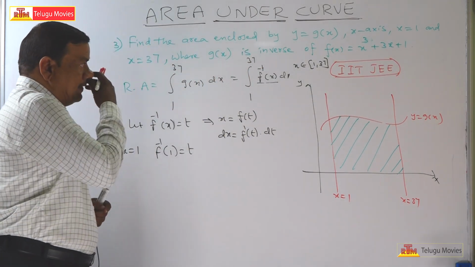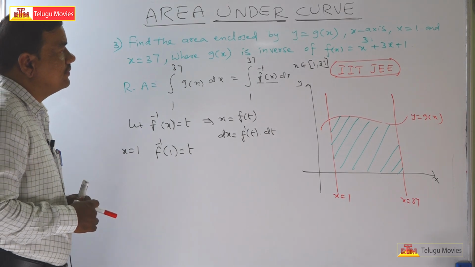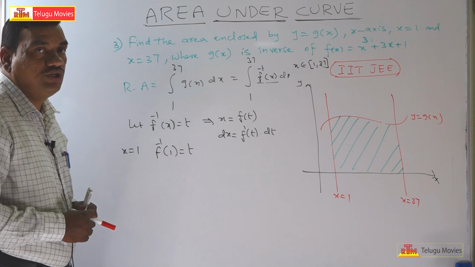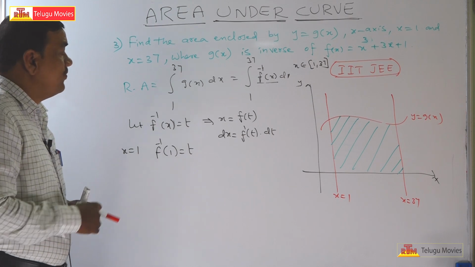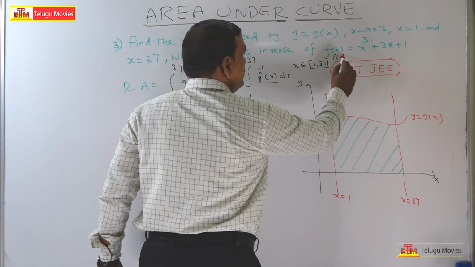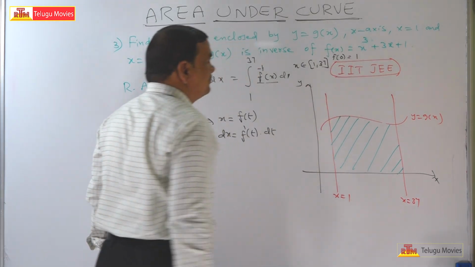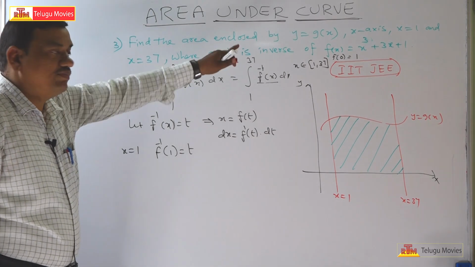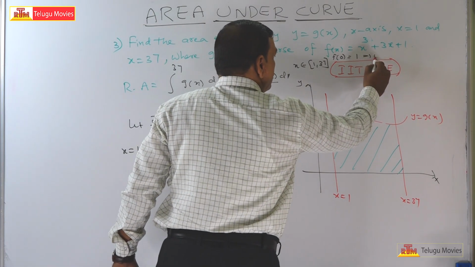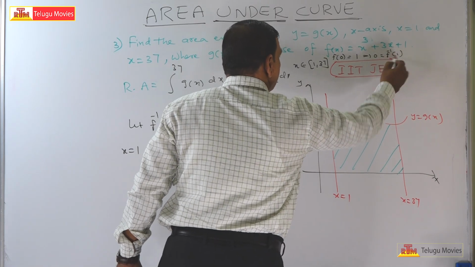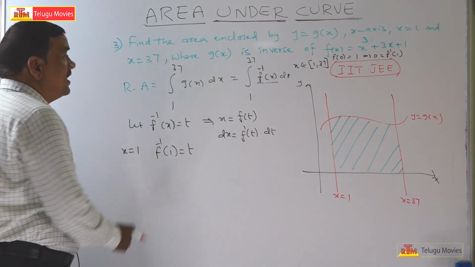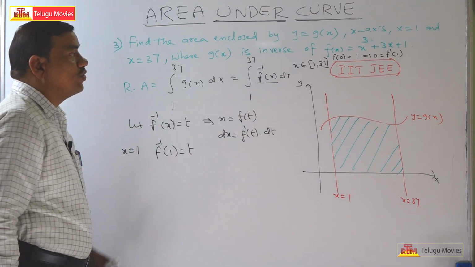That means f of 0 is equal to 1. See here, I am checking: put f of 0, if you substitute 0, you are getting 1. That means, by guessing, 0 is equal to f inverse of 1. That means f inverse of 1 value is equal to how much?